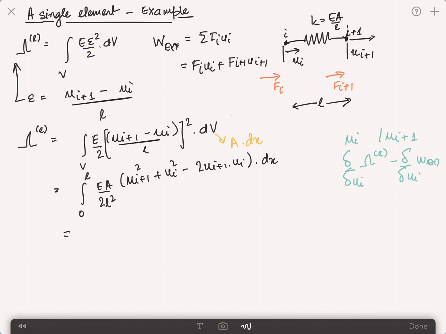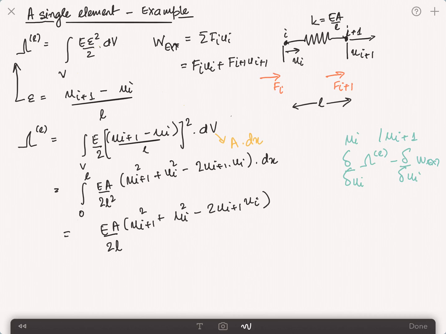So what I get after the integration is EA by 2L times ui plus 1 square plus ui square minus 2 ui plus 1 ui. That's the equation I have arrived at, the relation for the strain energy in terms of the two displacements.